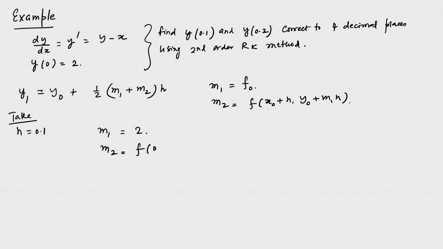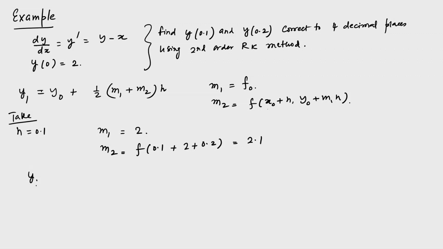So, this is x0 plus h, so this is 0.1. So, 0 plus 0.1 and this is like 2 plus 2 into 0.1, that is 0.2, and this is equal to 2.1 if you calculate it. So, this is m2.